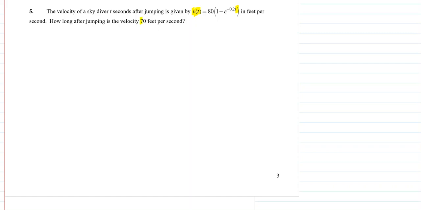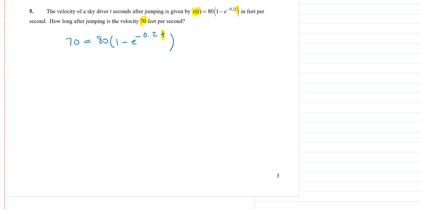So this 70 that they're giving you is a number that we would plug in for the velocity, which is v of t. So you write the 70 here, and then you copy the function. The unknown in this equation is going to be the t now. We have to solve this equation. Well, this is an exponential equation because the variable is in the exponent.